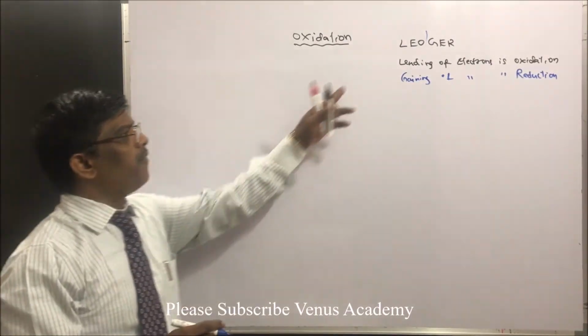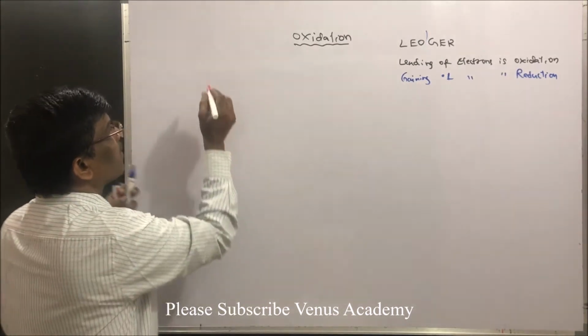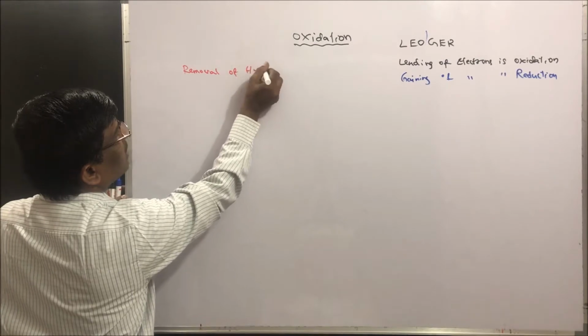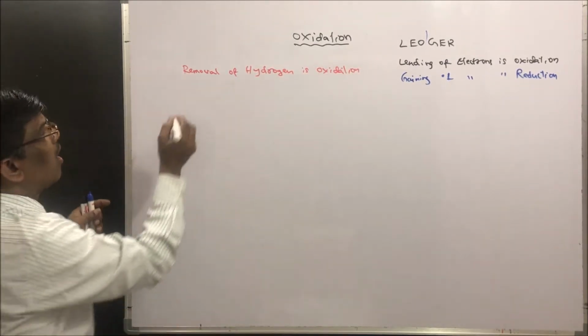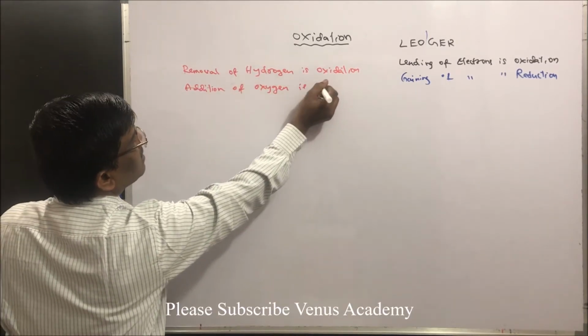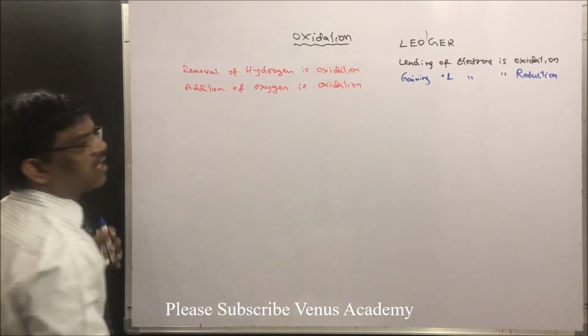As per the definition, lending of electrons, or in another way, removal of hydrogen is oxidation, or addition of oxygen is oxidation. So these are all the definitions of oxidation.